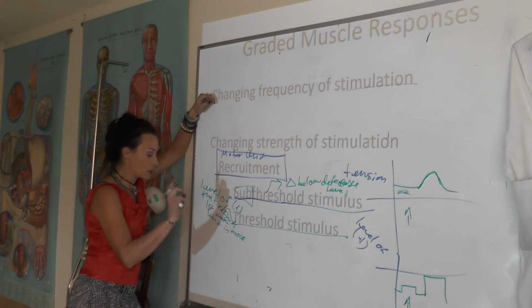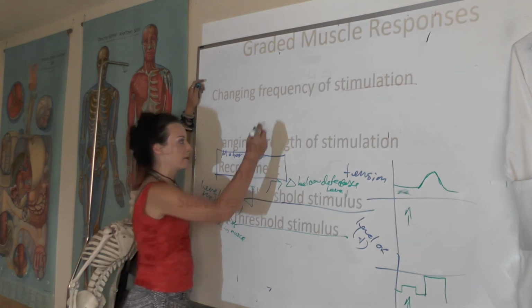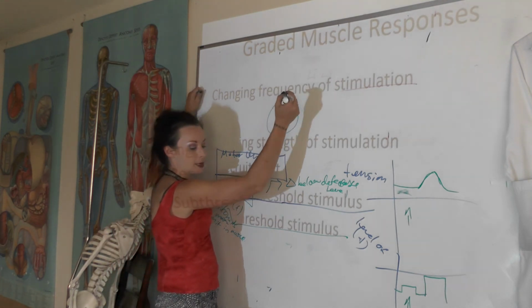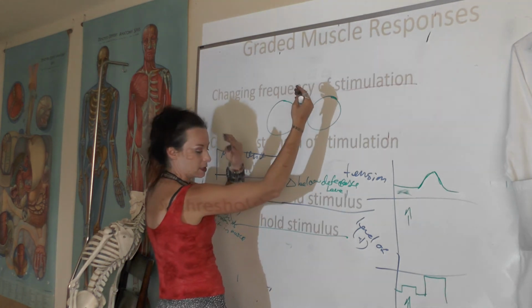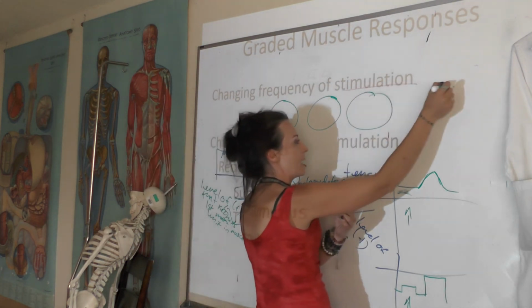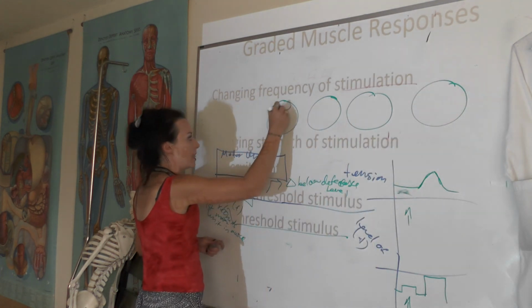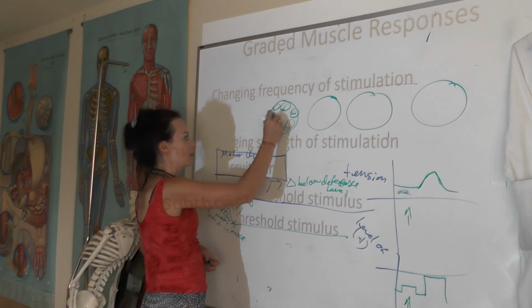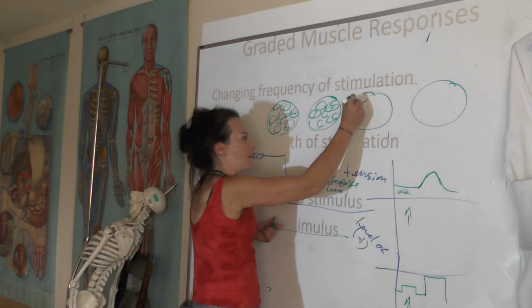One lower motor neuron and all of the muscle fibers it innervates. So let's imagine that this is my biceps brachii and this is a cross section of it. I've cut it in half and I'm looking down at it. In it are all of my fascicles of muscle fibers that contain motor units, right?